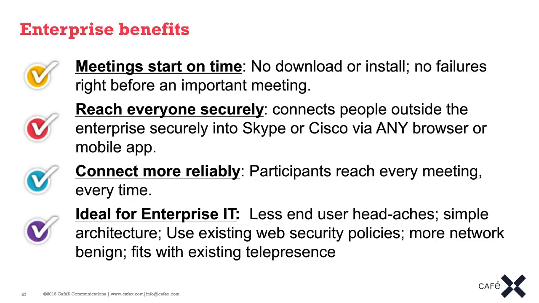We also reach everyone securely. Skype and Cisco and other solutions go and connect via traditional voice over IP. That means that they have a separate security policy. With Chime, everything's in the browser and the mobile app, and it's just one single security policy, completely encrypted using the same web encryption that you know and work with every day, the same type of encryption that you use to do your transactions online.